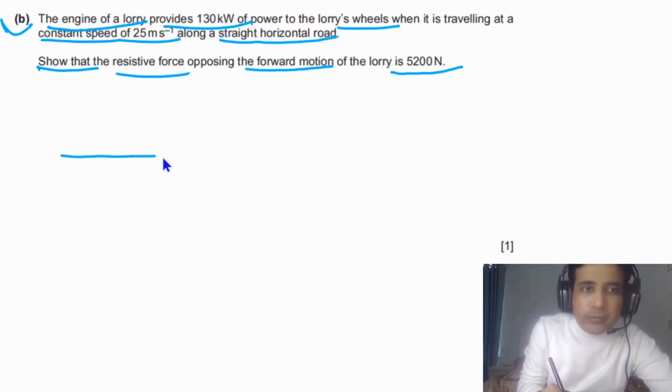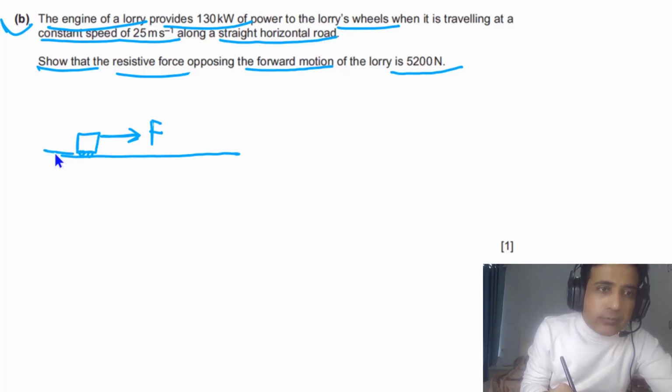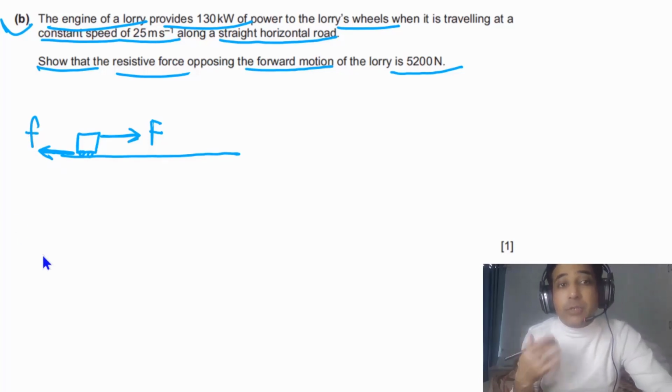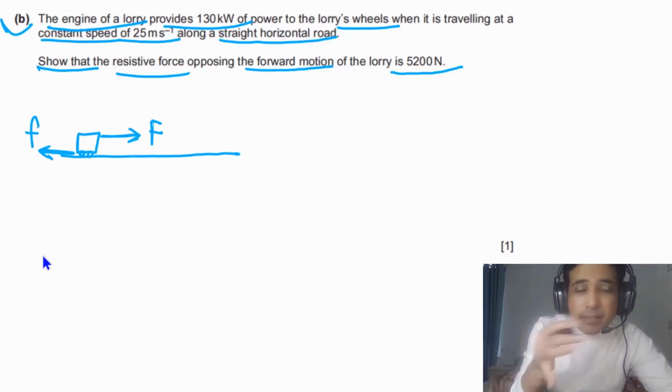First of all, simply we can imagine this is a straight horizontal road, and on the top of this road we have a lorry. So this one is the lorry, and there is an engine force by the lorry that is pushing this one forward. We can say this force is capital F. We can also imagine in this case resistive forces acting on this lorry, we can say are equal to F. So these are the resistive forces, sum of all the forces due to friction and resistance as well.